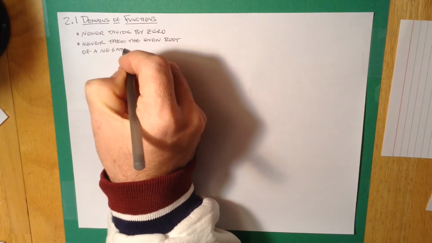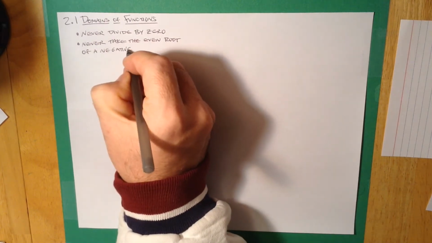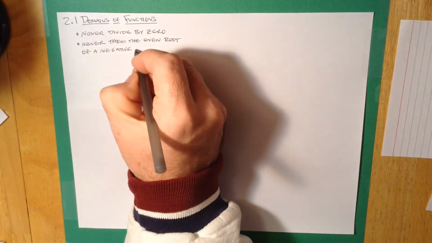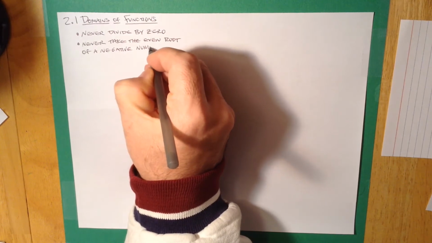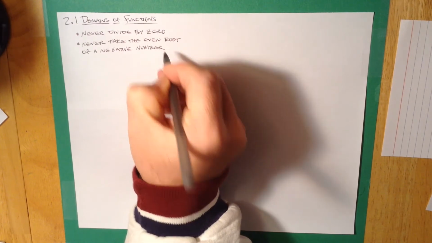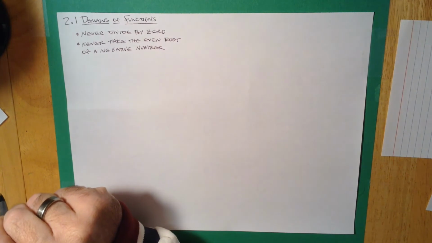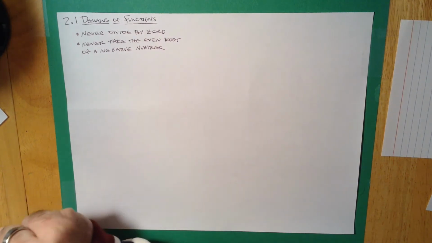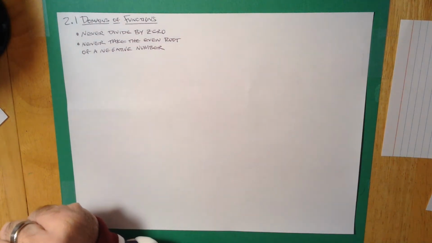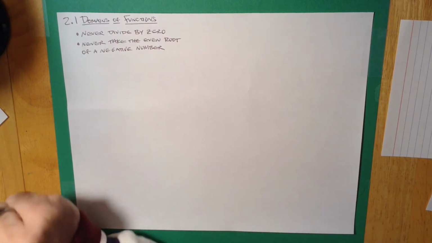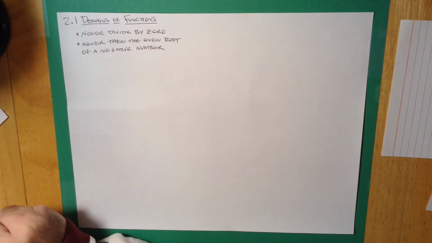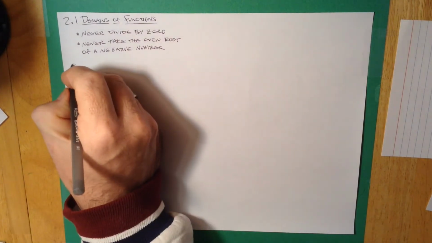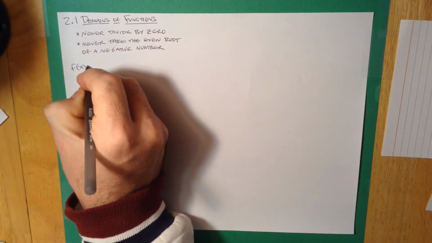If you have a third root or a fifth root, it's not an issue. But if you have a square root or a fourth root, any even root, you've got to be sure that you're not trying to take the even root of a negative number. So we've seen some stuff similar to this previously, but it doesn't hurt to look at a couple other examples.